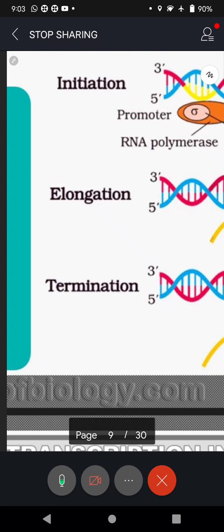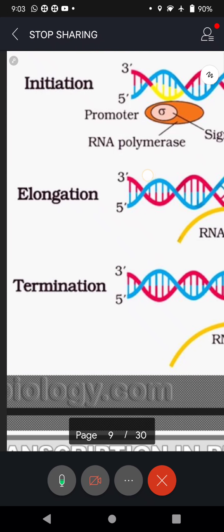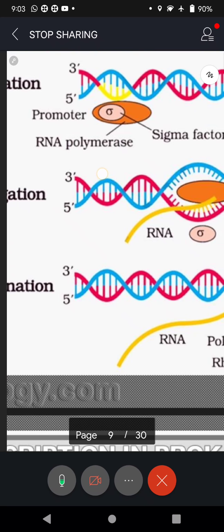Since your first terminal exam will be MCQ, 100% he will ask you this question to confuse you. Name the factor that is required in the transcription process in prokaryotes for initiation, and intentionally he will give Rho factor.